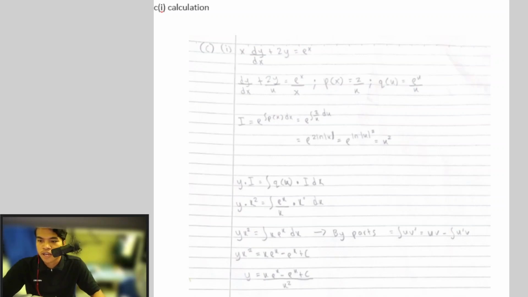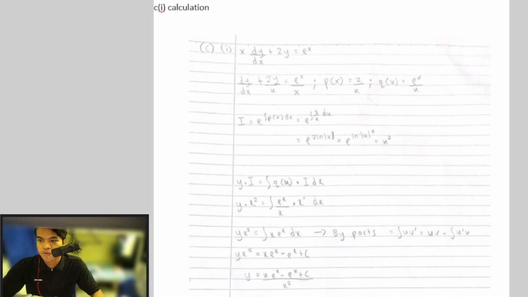Cancel out the x and we get the integral of x e to the power of x dx. We need to use integration by parts, then we get y x to the power of 2 equals x e to the power of x minus e to the power of x plus c.